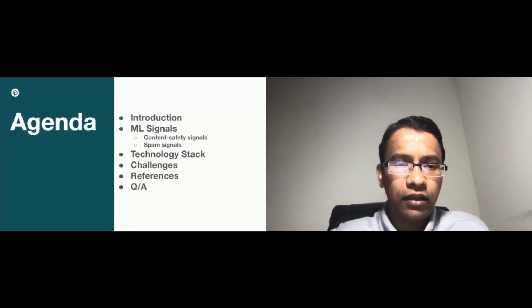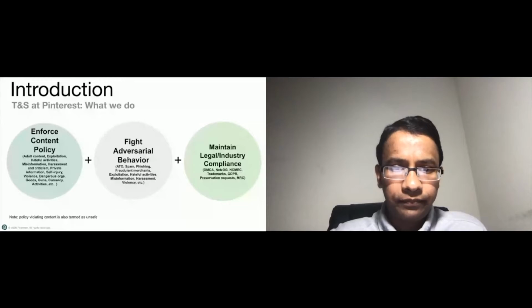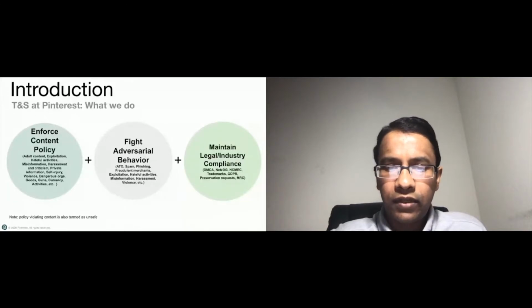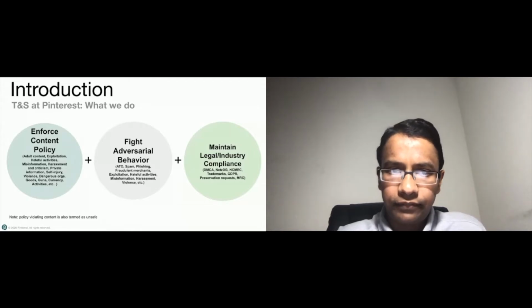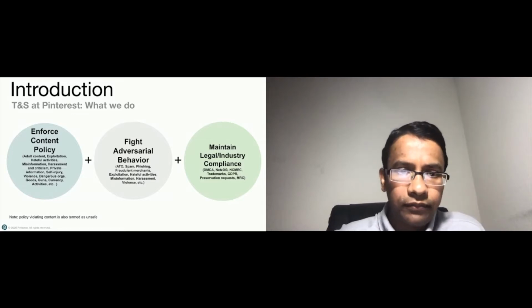These are against the content policy, as are harassment, criticism, and self-injury kind of content. Similarly, we fight spam on a day-to-day basis, as well as account takeovers, misinformation, or fake information. So that's another pillar. And third is maintaining legal compliance with the laws. These are the three pillars I will be mostly touching: enforcing content policy, and how we fight adversarial behavior with machine learning models.